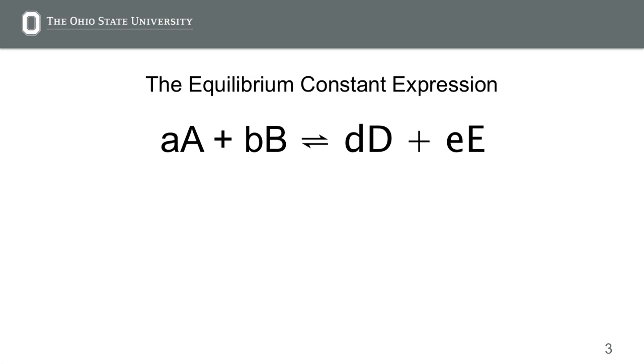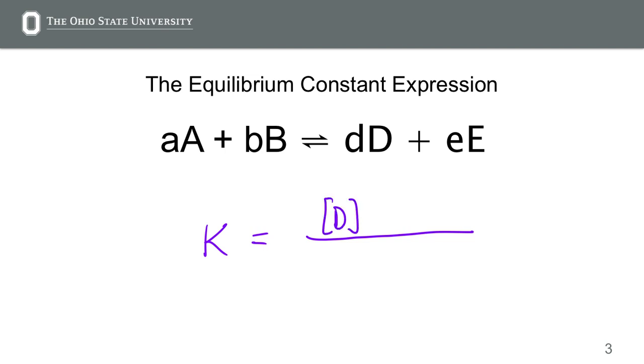Again, we're thinking about concentrations of reactants and products. We're going to relate those to an equilibrium constant. We can write an equilibrium constant expression for every equilibrium reaction. The general way of writing this, if we have our reaction A plus B in equilibrium with D plus E, is that the equilibrium constant is equal to the concentration of products raised to their stoichiometric coefficients over the concentration of reactants raised to their stoichiometric coefficients.